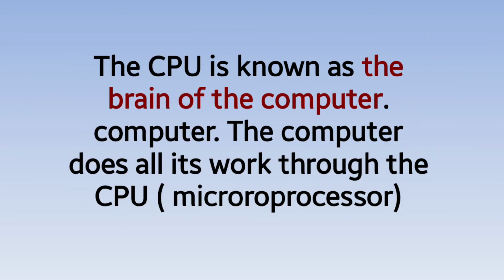Our brain remembers things and takes decisions. It also does calculations and many other things, right? Like that, the CPU is also known as the brain of the computer. The computer does all its work through the CPU.